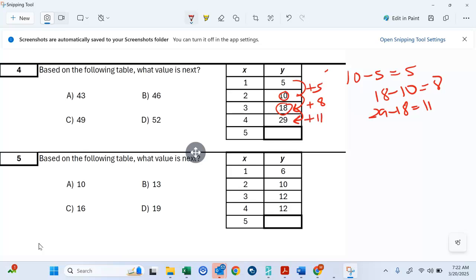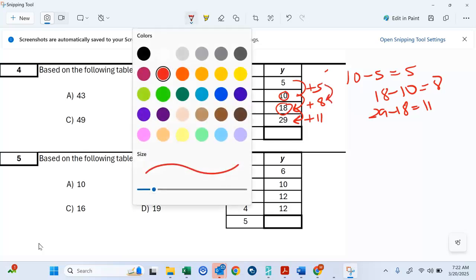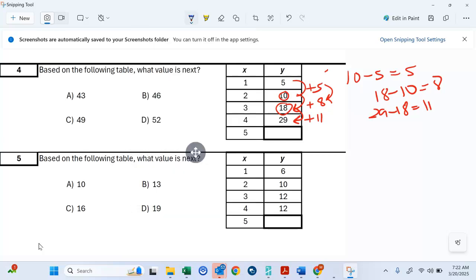So plus 11. So this goes up by different amounts, right? So what we have to do is figure out how much this goes up by. So let's do this one in a different color so we can see that. So 8 minus 5, using this number and this number, is 3. So this is plus 3, and it continues plus 3.